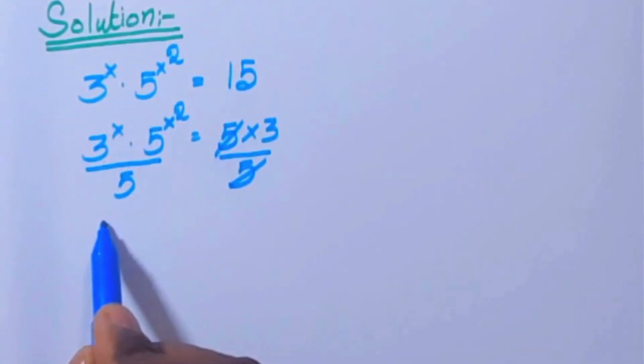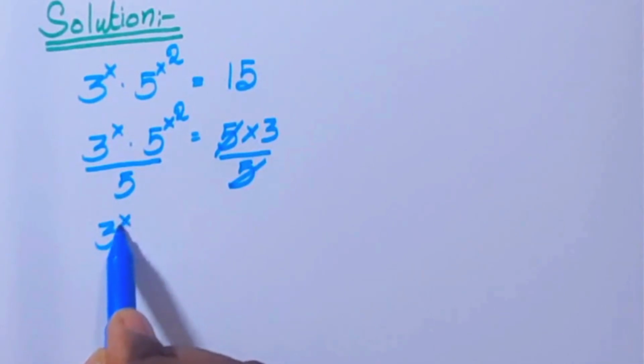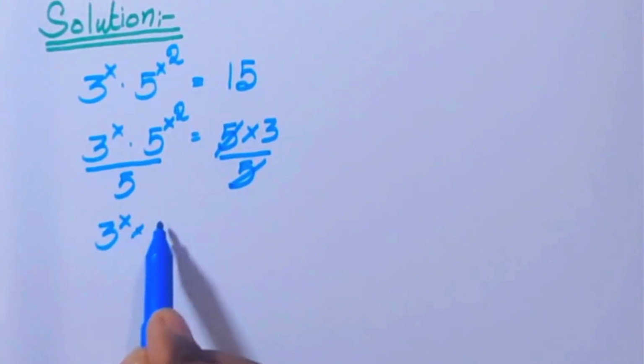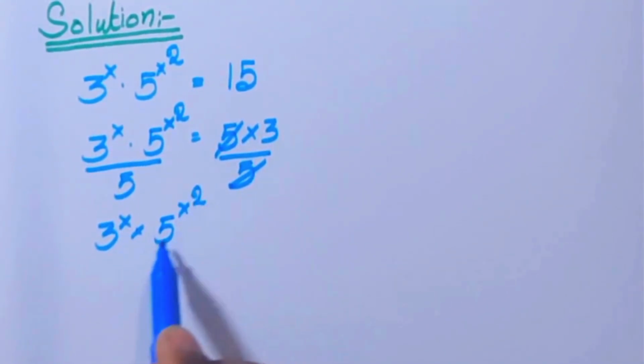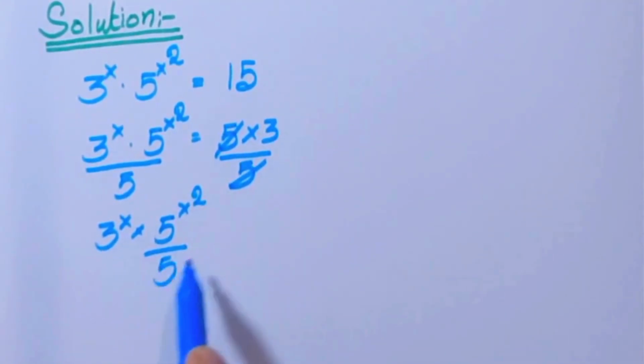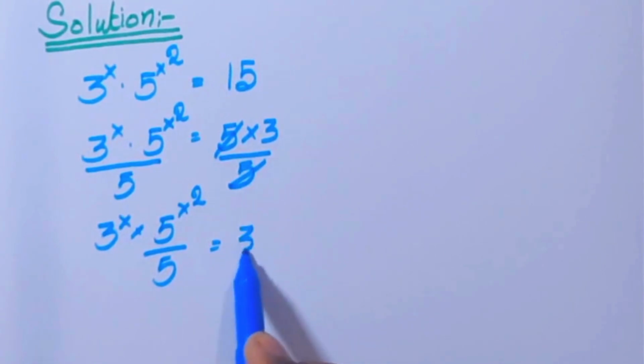So we have 3 to the power of x times 5 to the power of x squared by 5 equals 3.